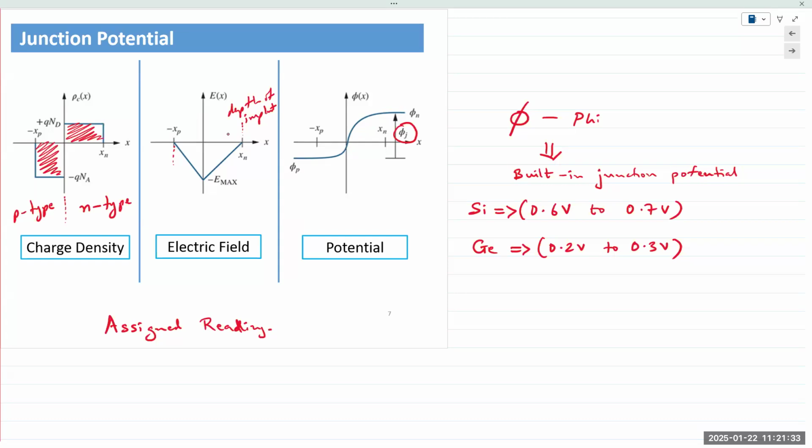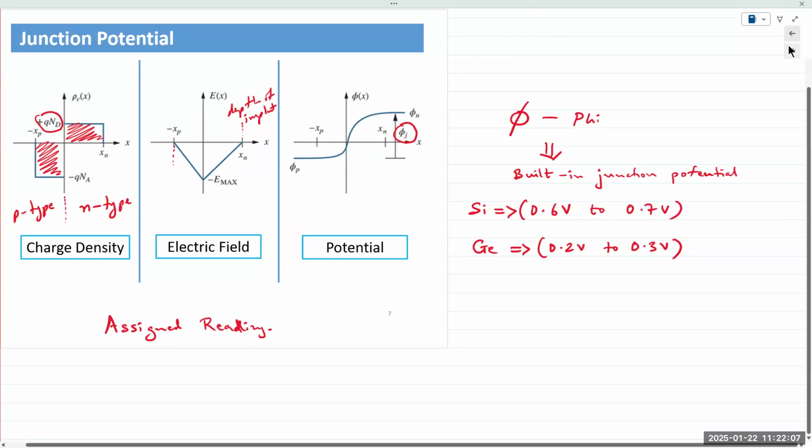Yes, electrons. It's just summed up that way because we are taking the X direction. Oh, you're talking about this positive charge right here. It's because it's a donor atom, so it's left behind with positive charges on the N side.